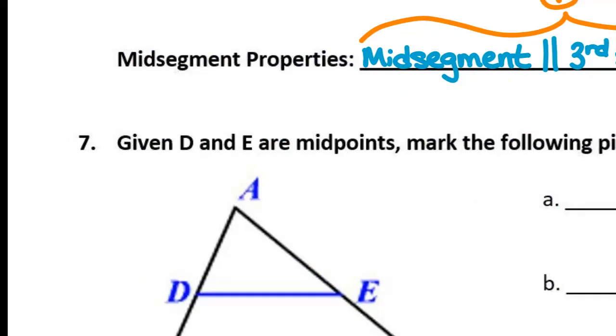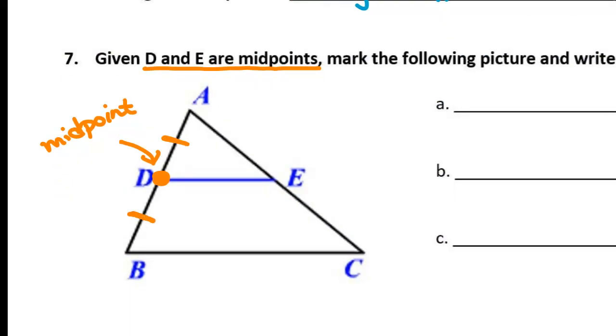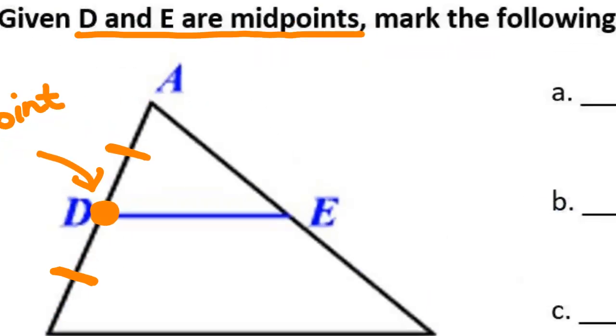All right, so let's look at a midsegment in a picture. Number 7, it says that D and E are midpoints. So D is a midpoint. Well, if D is a midpoint, then AD and DB would have to be the same size, because midpoints cut sides in half.